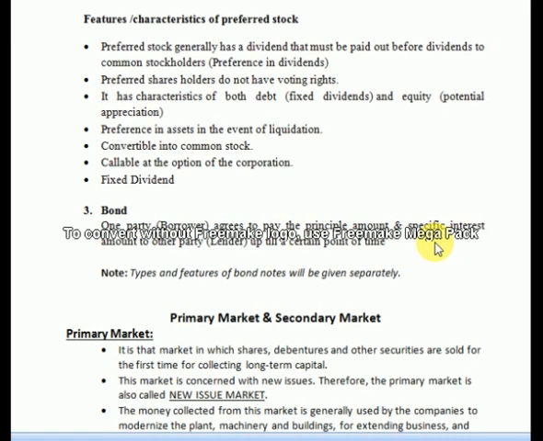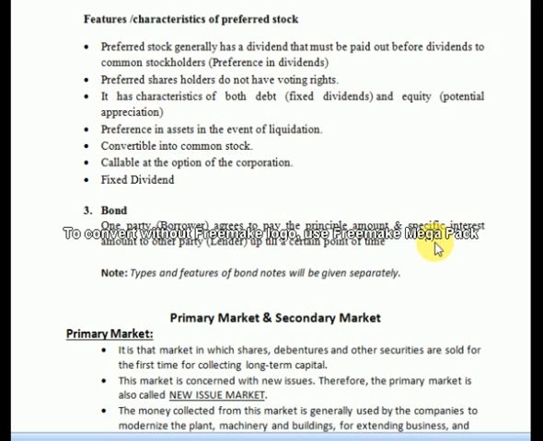So now 1 year is over, 2 years is over. After 2 years, anytime the company can call back this preferred stock from the preferred stockholders. Let's suppose after 3 years the company calls it back. Yes, after 4 years the company can call back, till the maturity, when the maturity is complete, the company calls it back.